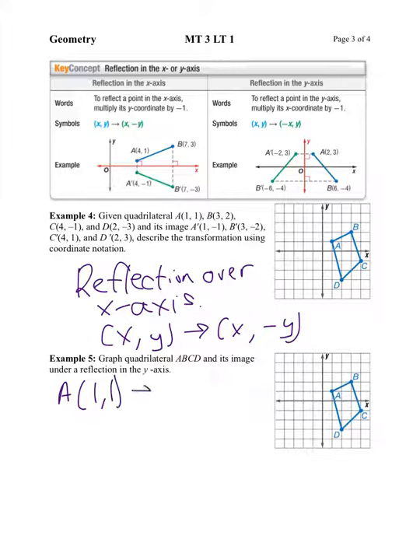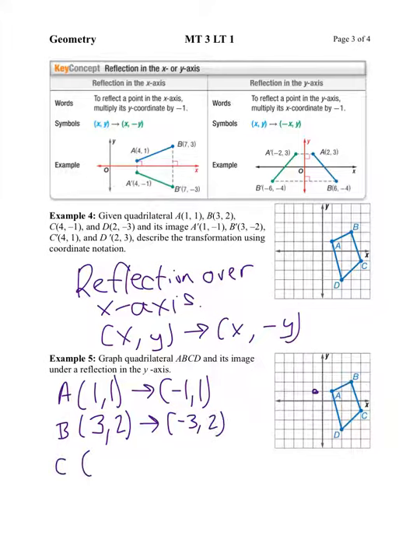Well, if I do a reflection over the y-axis, it'll be at (-1, 1). If I look at the coordinate of B, right now it's over 1, 2, 3 and up 1, 2. So it's (3, 2). So the new coordinate is going to be (-3, 2).